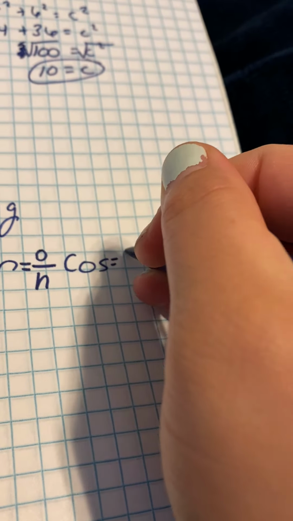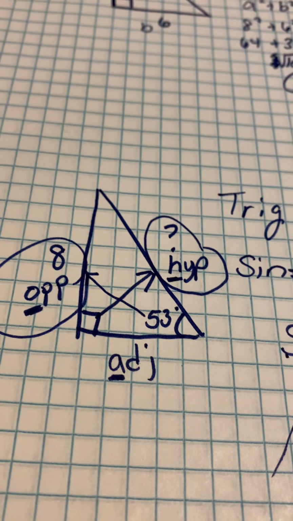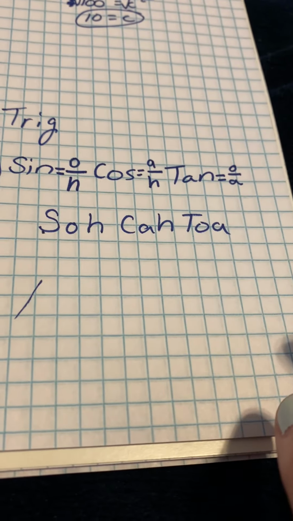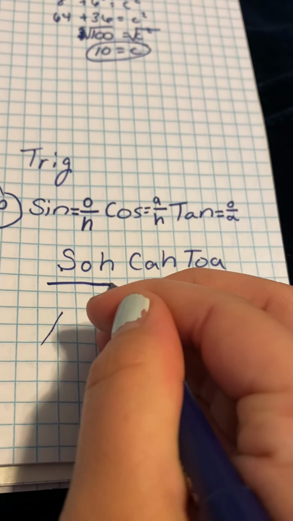So we're going to take our triangle here and create a problem. First we have to figure out which of the three we're going to use: sine, cosine, or tangent. Well, we are looking for the hypotenuse, and we know the opposite. Which one uses the O and the H? Our sine.